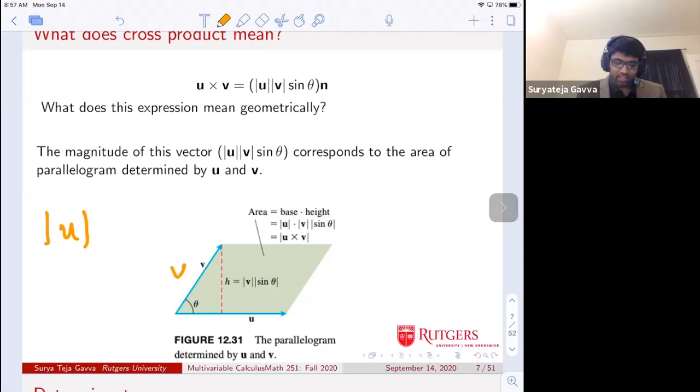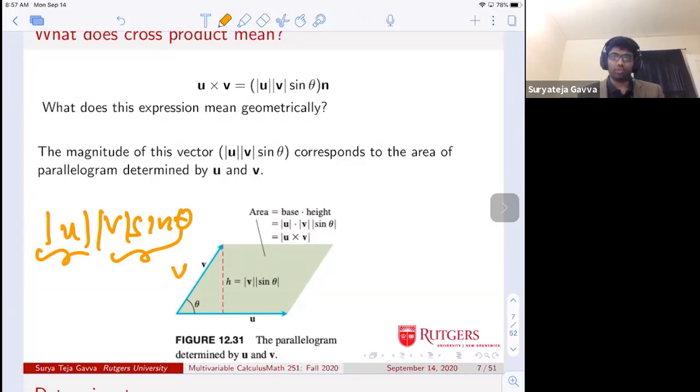So the area is base times height, which is |u||v| sin theta, which is nothing but the magnitude of u cross v.